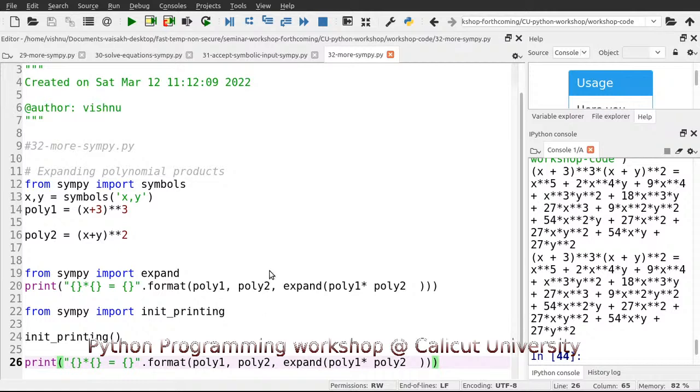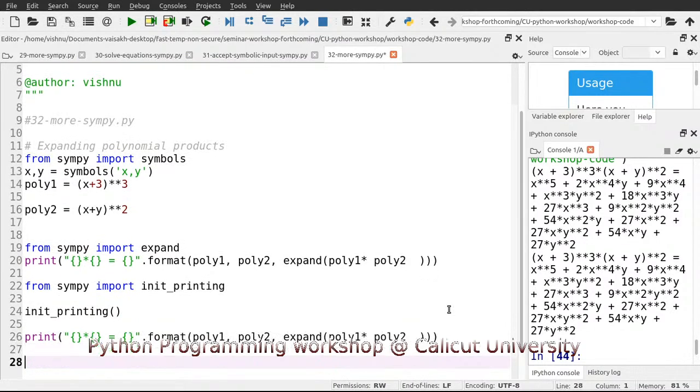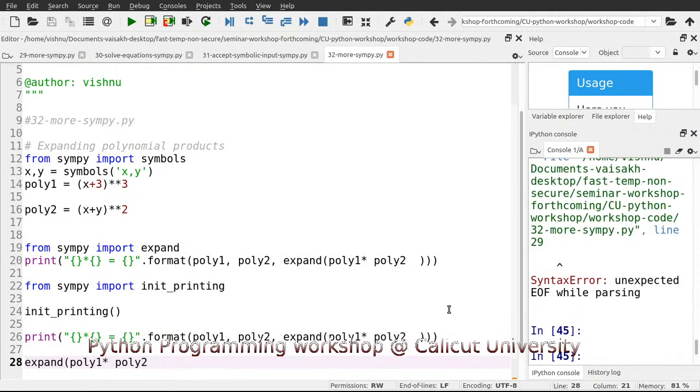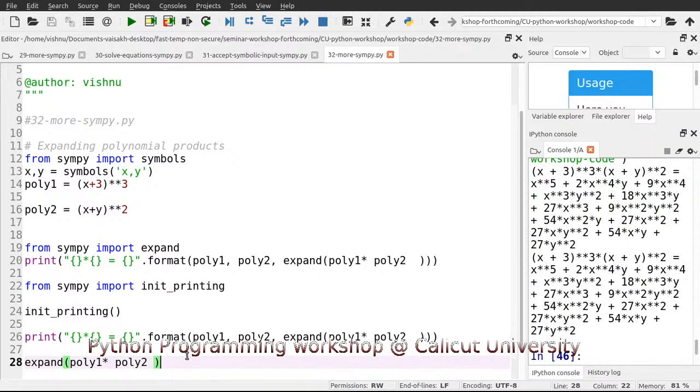Init printing is turned on. No, it's not much useful.